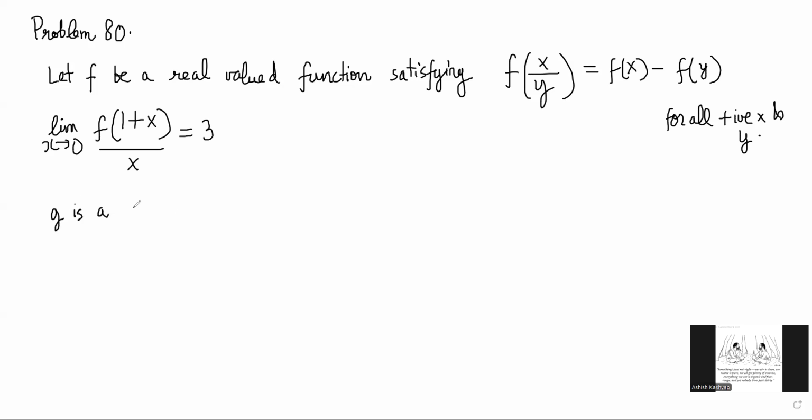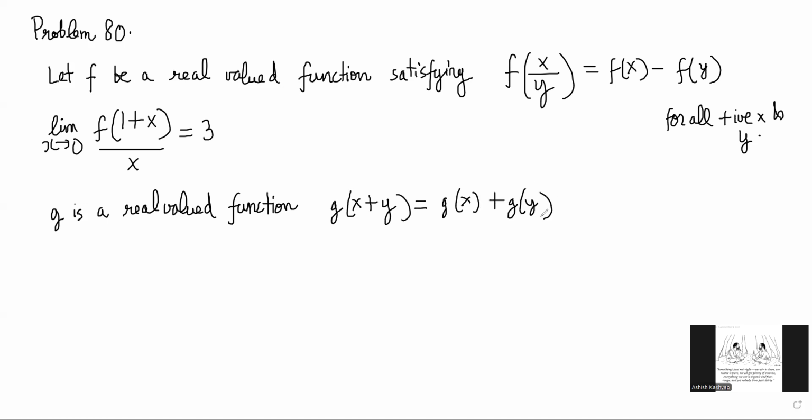g is a real valued function that satisfies the relation g of x plus y is equal to g of x plus g of y minus xy for all x, y belonging to real, right?